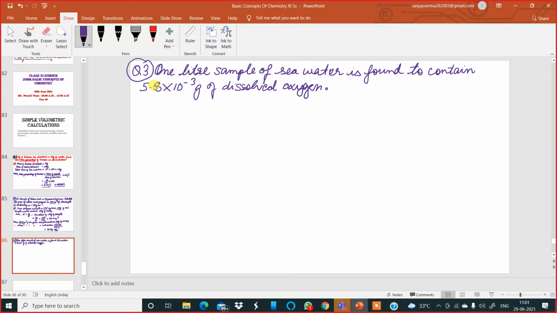Dissolved oxygen. So if I take 1 liter of seawater, it contains 5.8 into 10 power minus 3 grams of dissolved oxygen.